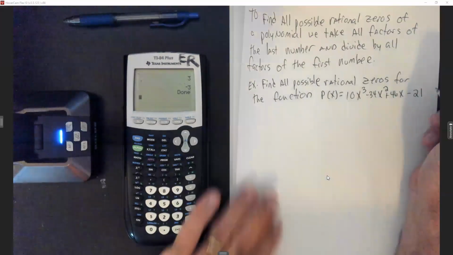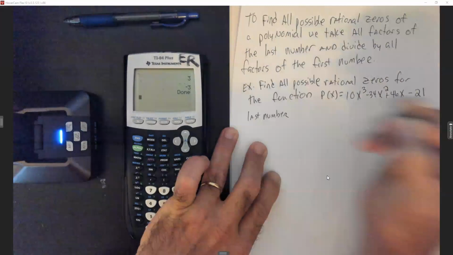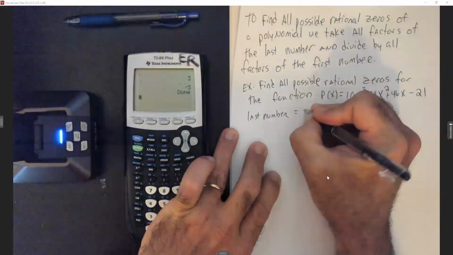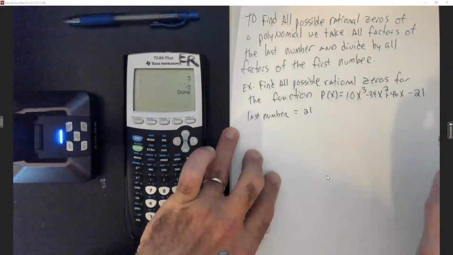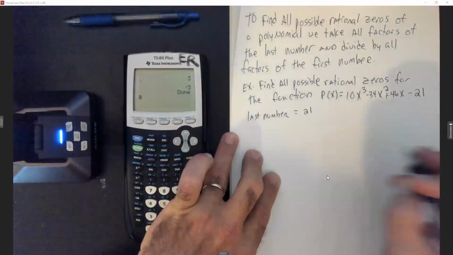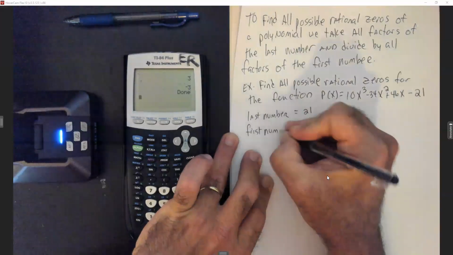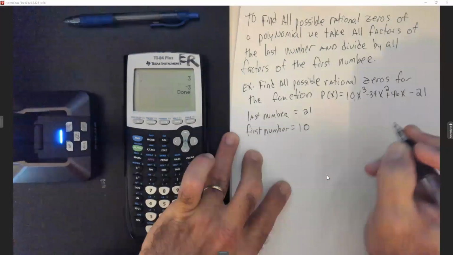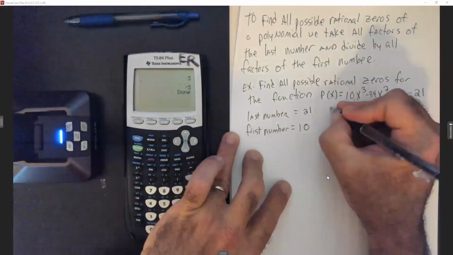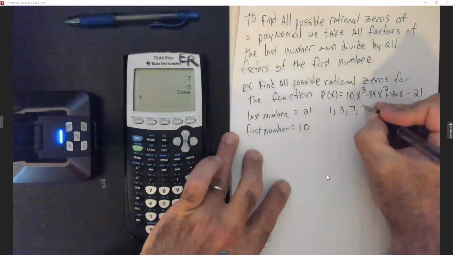So the first thing I know, last number, is 21. And I don't even care about this sign because we're going to take that sign when we do these, okay? And the first number is a 10. So let's find the factors of 21. That'll be 1, 3, 7, and 21.